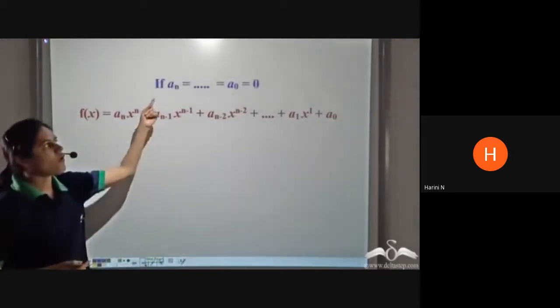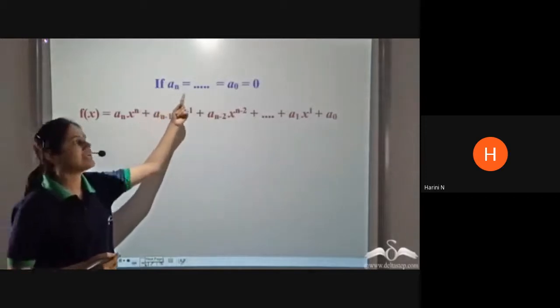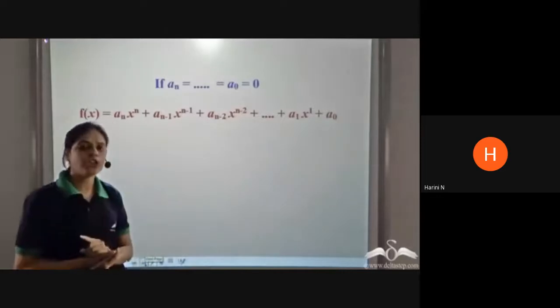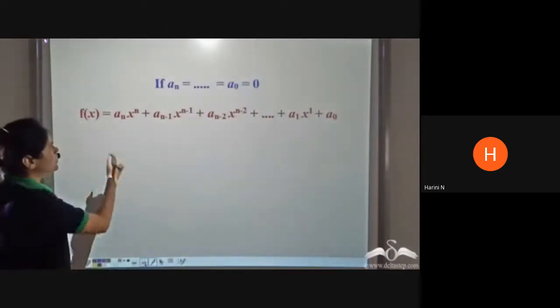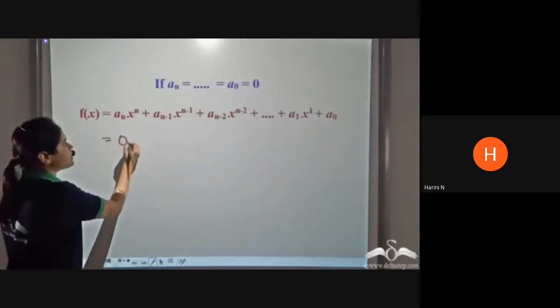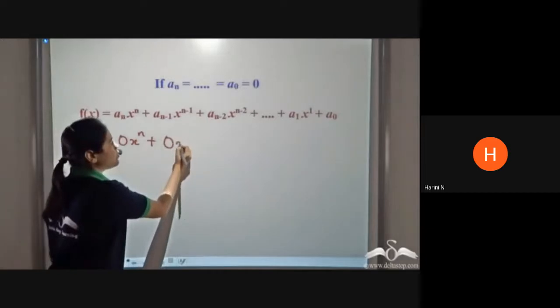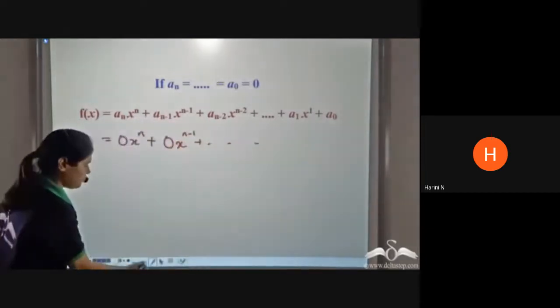Now, if all the coefficients are 0, that is if a_n, a_(n-1), a_(n-2), up to a_1, a_0 are all 0, then what will you get? This entire thing will become 0 times x^n plus 0 times x^(n-1), and so on.